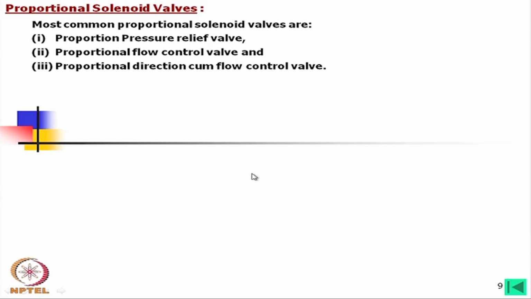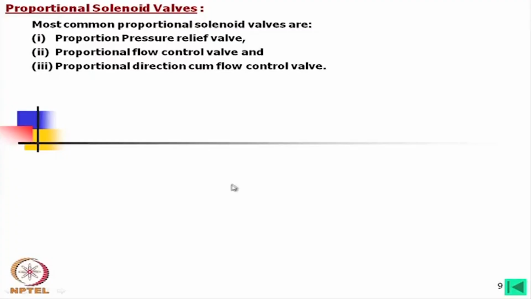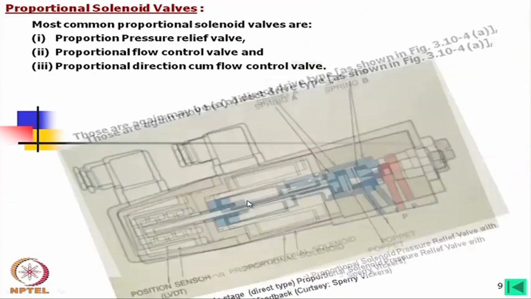Proportional flow control is okay, but proportional direction control, because direction will be either left or right, up or down, a single valve cannot move in all directions. Anyway, the term is proportional directional flow control valve.